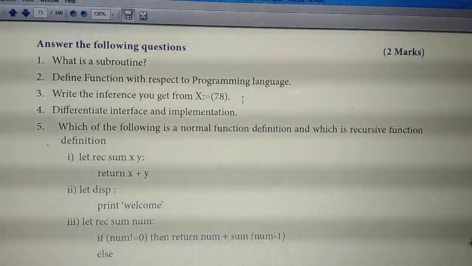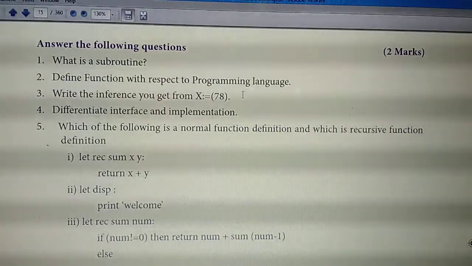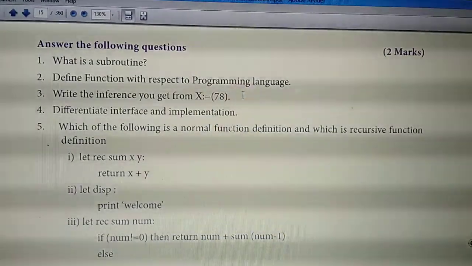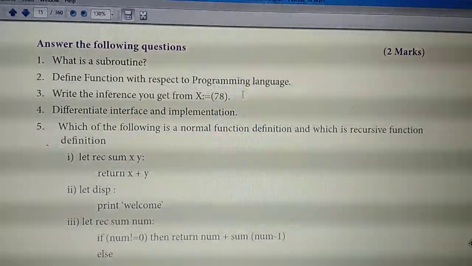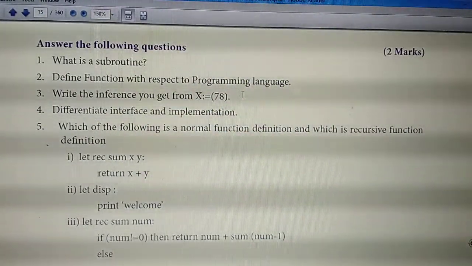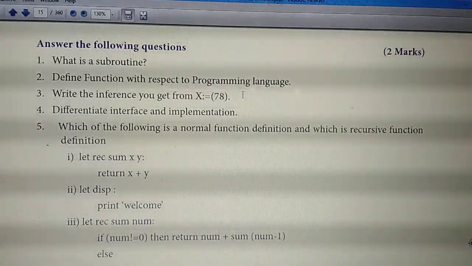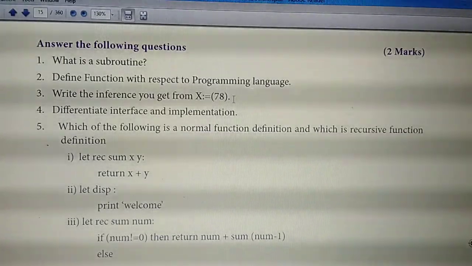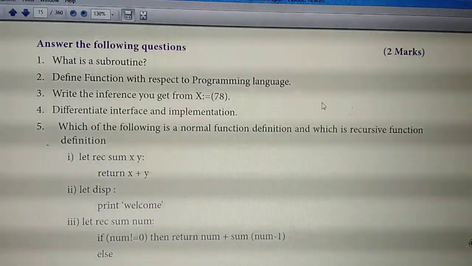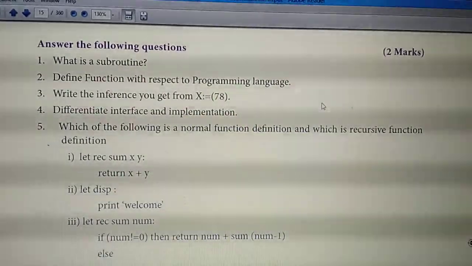Value 78, being, bound to the name X. Once again I am telling: value 78 being bound to the name X. Third question answer: value 78 being bound to the name X. Have you all written?